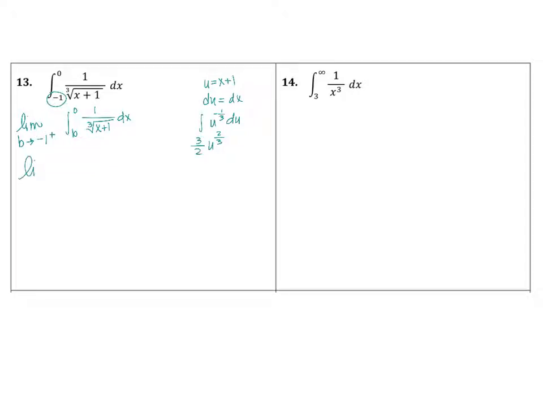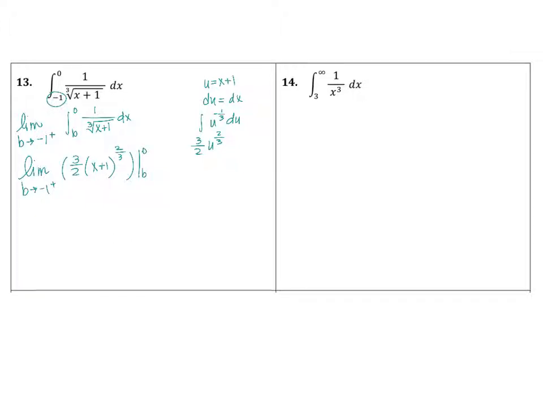So back over here, we have our limit as b approaches negative 1 from the right of, and I'm going to go ahead and put in my 3/2 times, instead of u, remember we go back to x plus 1. That's going to be raised to the 2/3, and I'm going to evaluate that from 0 to b.